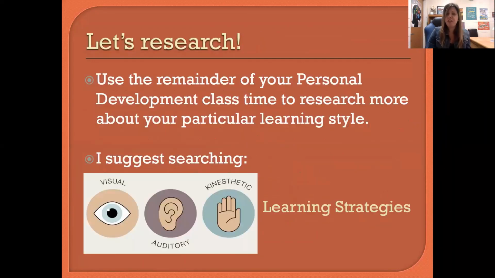Now, these are just a few strategies, but what I want you to do for the remainder of our personal development class today is research a little bit more about your particular learning style. So use your technology, and I would suggest going to a search engine, and you can specifically type in visual learning strategies or auditory learning strategies or kinesthetic learning strategies to find out some more ideas that would work for you.